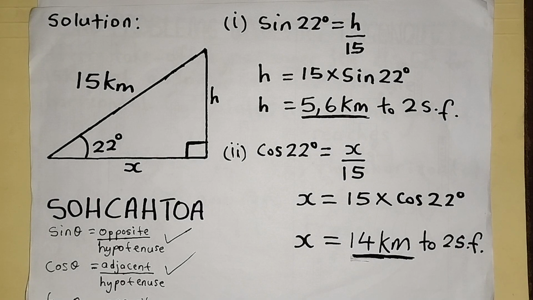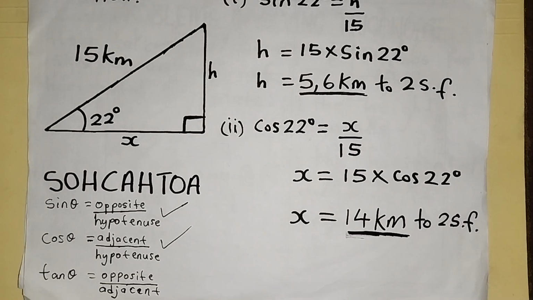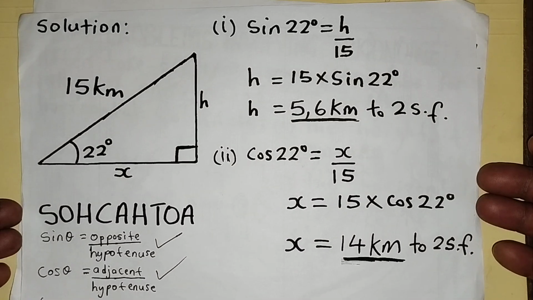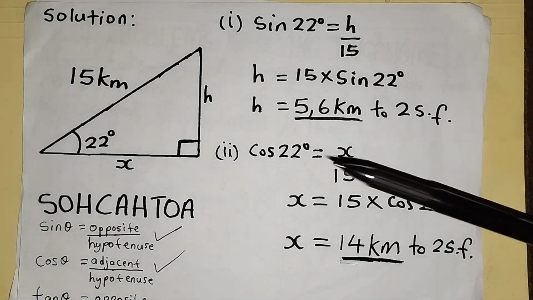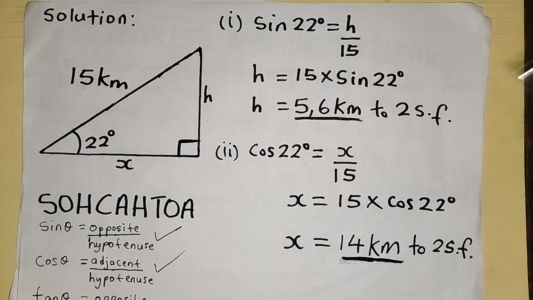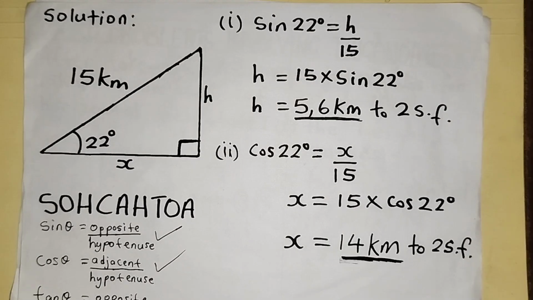So from SOHCAHTOA, you can see that the cosine ratio is the one which you must use. Okay, so it says cos 22 degrees equals x, which is our adjacent, over 15, which is our hypotenuse.